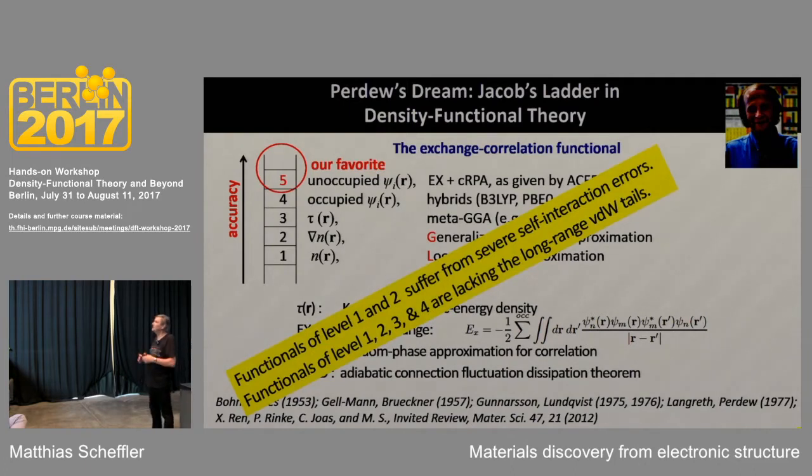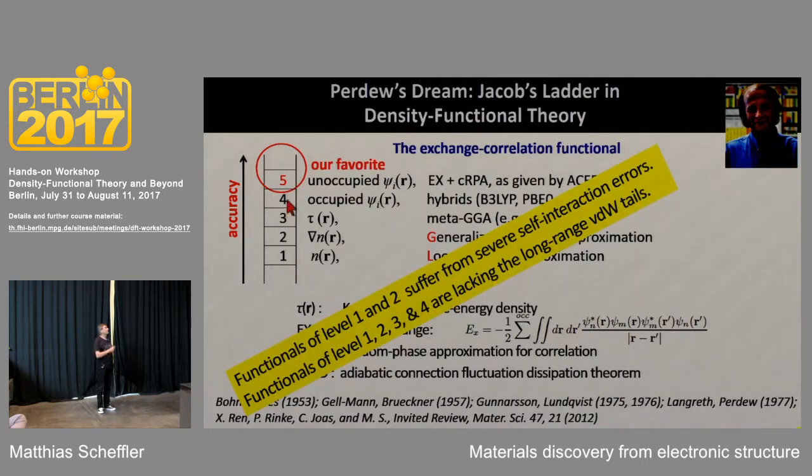In the Hartree term, you have the full electron density. That means you include the electron which you want to calculate to some extent, or the Kohn-Sham quasi-particle, whatever you like to call this. That is not correct, and what is wrong there should be corrected in the exchange correlation functional. It's not really done very well on level 1 and 2.